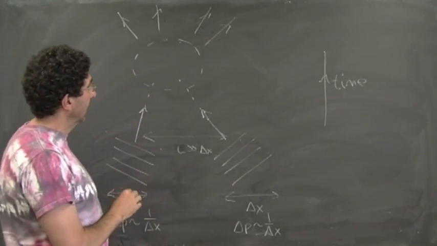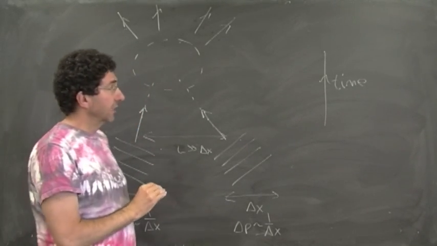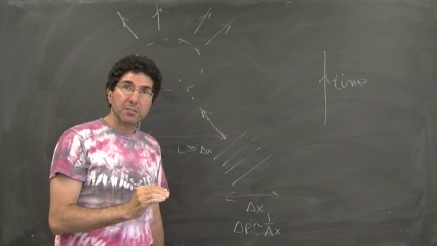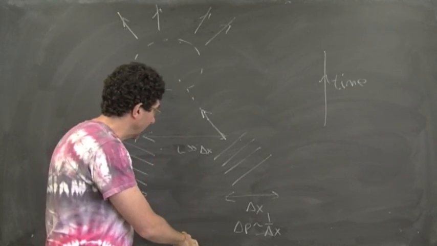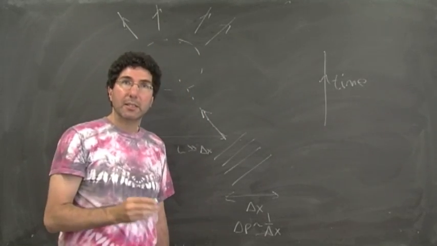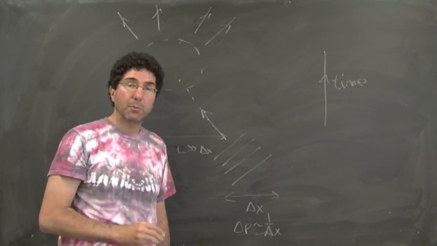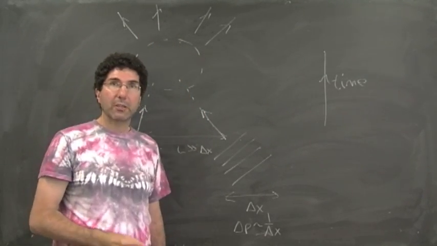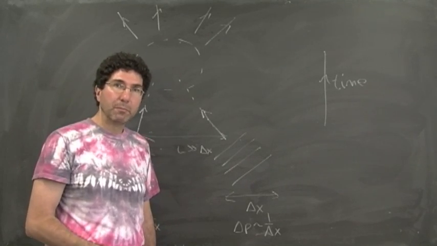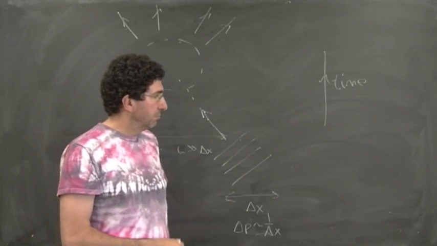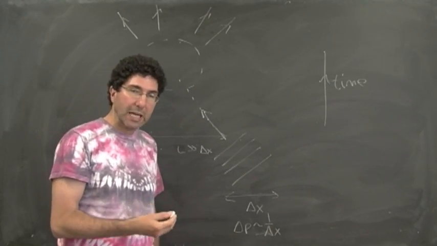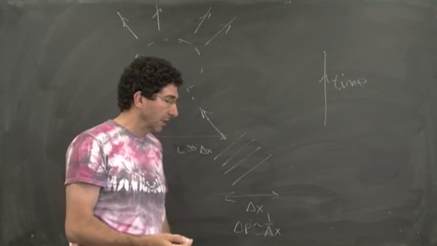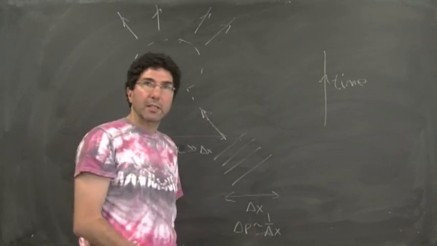What this tells us, the bottom line, is that in scattering experiments, the particles do not interact at very early times or at asymptotically late times. That's the important feature of scattering experiments. So we want to build this assumption into our theory of scattering, that the particles become non-interacting at early and late times.